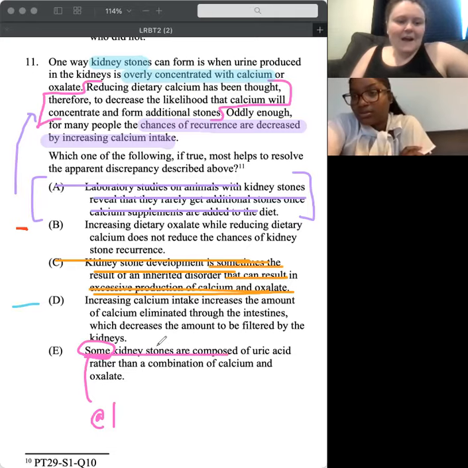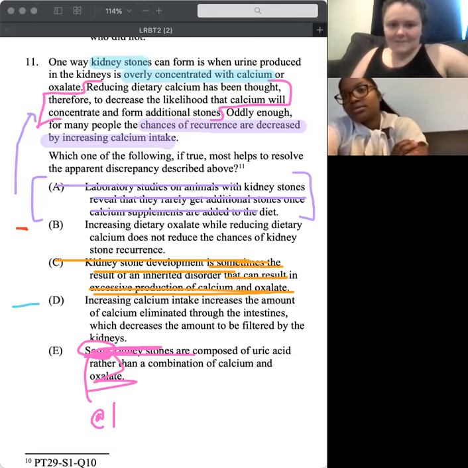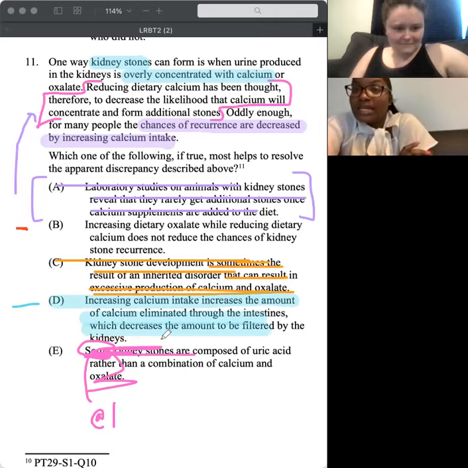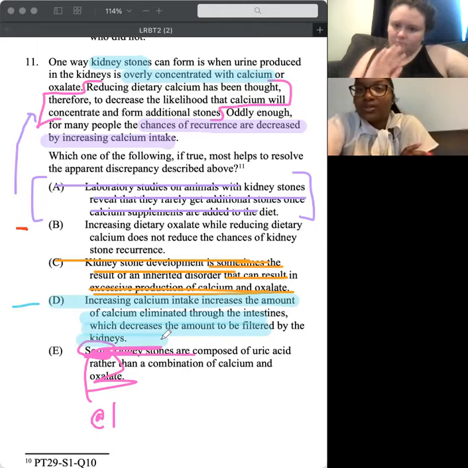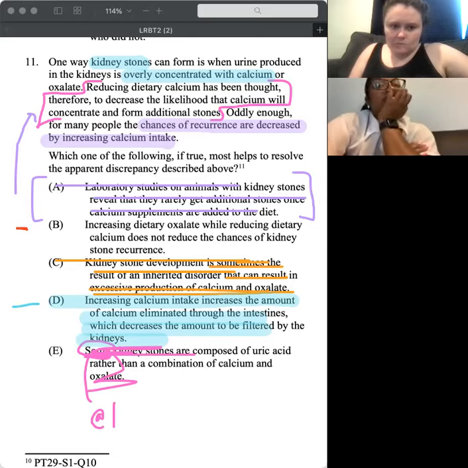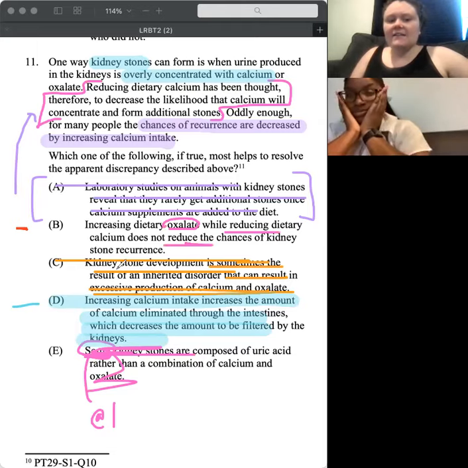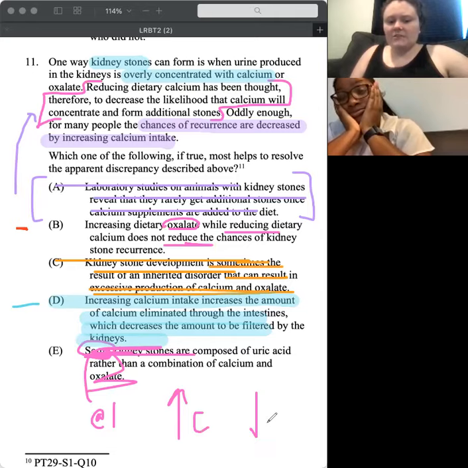Okay, now I think we can agree that D is our answer, but let's figure out why B is incorrect. Increasing dietary oxalate while reducing dietary calcium does not reduce the chance of kidney stone recurrence. Just because increasing this and reducing dietary calcium doesn't reduce it, that doesn't help explain why when we actually increase our calcium, we decrease kidney stones.